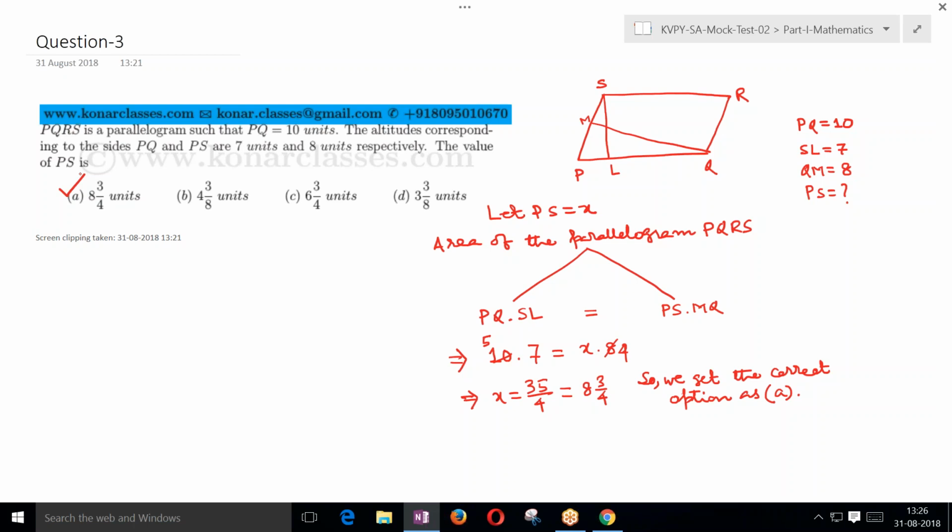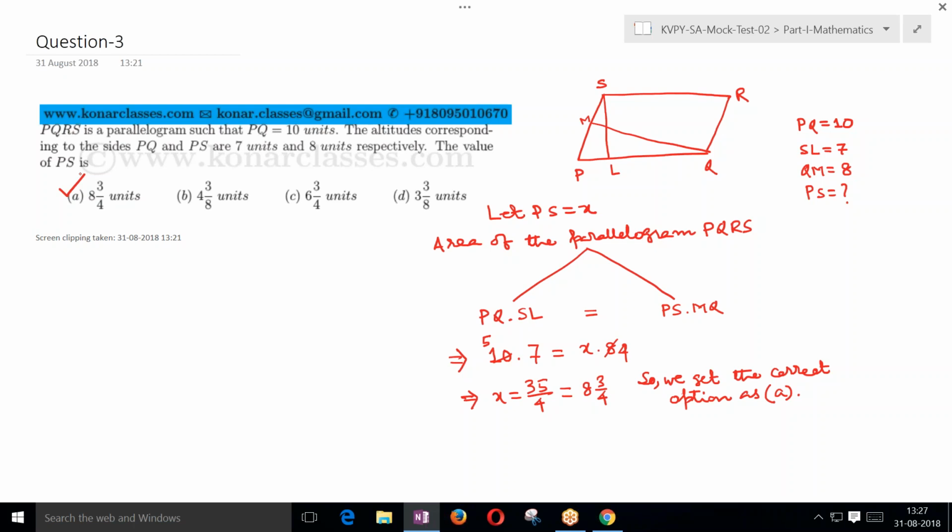Yes, with that approach you can also find the answer, but that will take some time. Why do you need to use similarity? Because the moment it is SMP, how can you find PM and how can you find PL? Think in this direction.